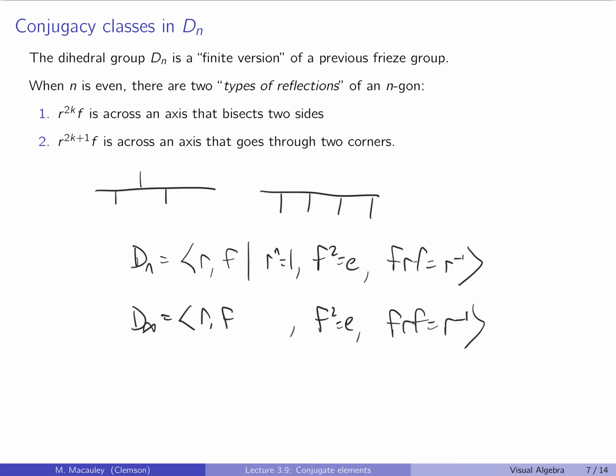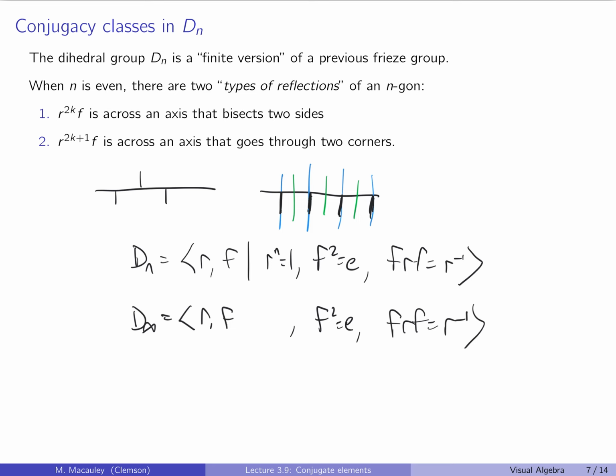Just like how there were two types of reflections in a frieze, ones that went through the diamonds and ones that did not, for this frieze here, we could similarly declare this to be a central axis, and these are the one type of reflecting axes, and these are another type. Let me make this darker so you can actually see the frieze. But we have the same thing for n-gons as well.